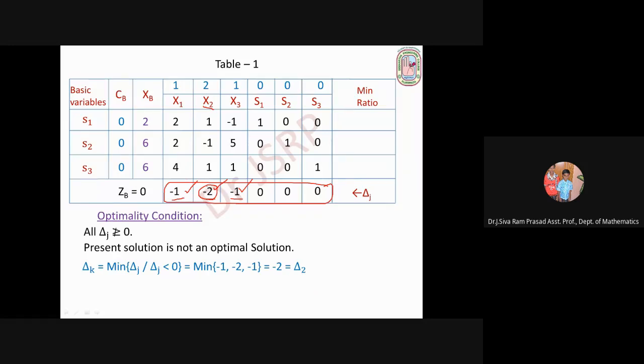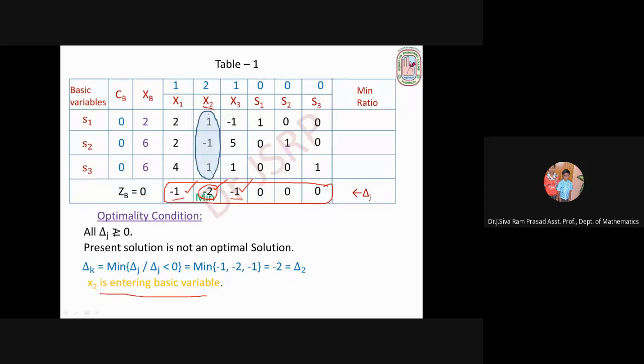Therefore, the corresponding variable x2 is entering basic variable. So circle this second column, the variable corresponding to x2.